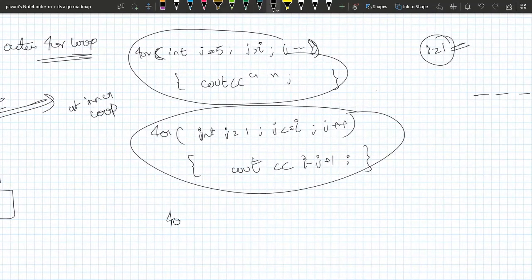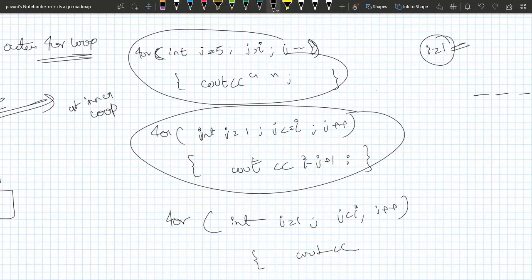And now I'm writing over here: int j equal to 1, j less than i, j plus plus. And now what do we have to print? We have to print j. If you look closely at the problem, you'll understand, because I'll explain. I've also seen it now and I got it.